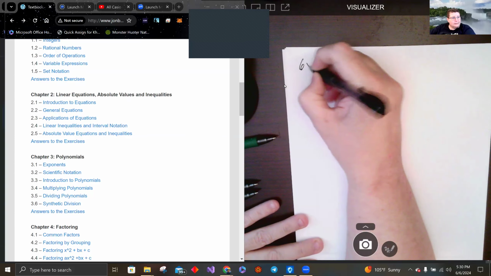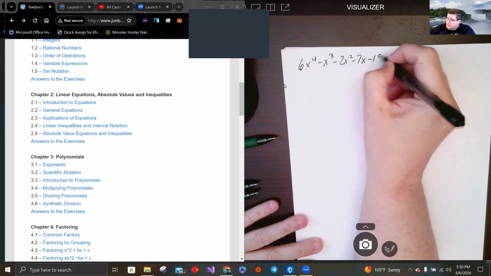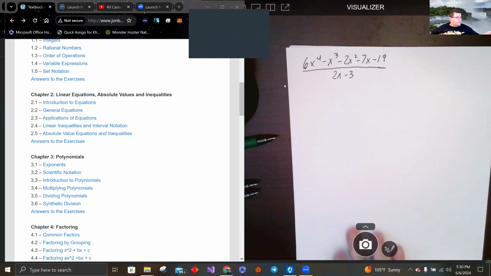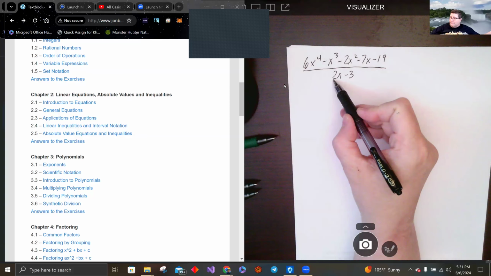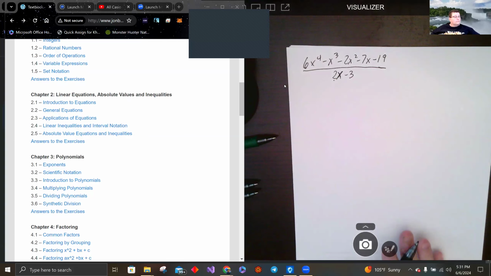Next one we did was this. That's not going to work as is. We said this had to have a 1 in front. So what can I do about that? I can pull out a 2 from it and maybe pull out a 2 from everything on top.